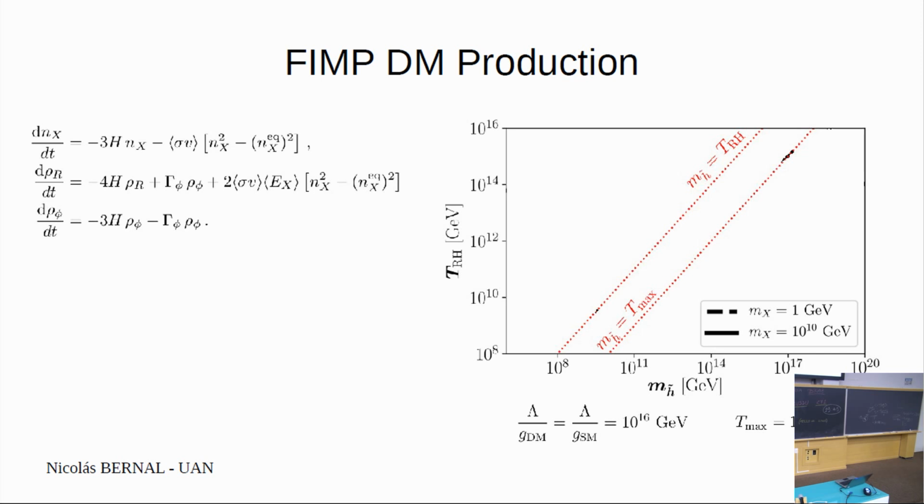The first one corresponds to the evolution of the dark matter number density, the second one corresponds to the evolution of the radiation energy density, and the third is the evolution of the inflaton energy density. So I have to keep track of both these 2 energy densities, meaning the energy density of radiation and the inflaton, because they will give me the evolution of the Hubble expansion rate, right?